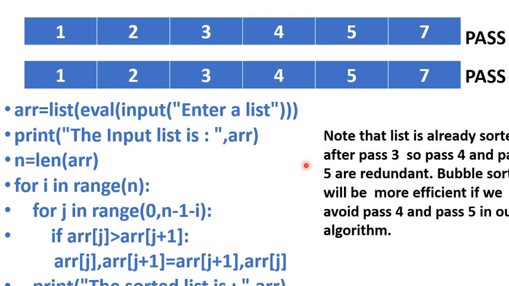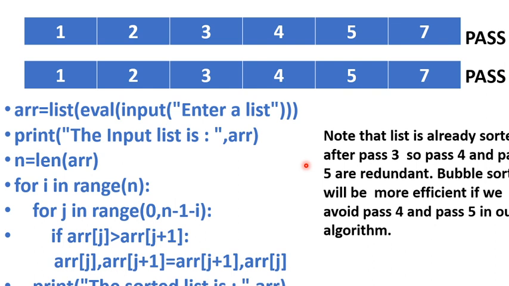So in the first case, for the value of i, that is 0, the j will run from 0 to 5. Okay, now 0 to 5, and in that we will compare each and every element, and if swapping is required, we are doing swapping here.